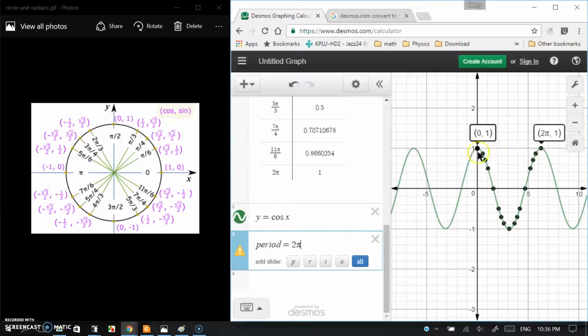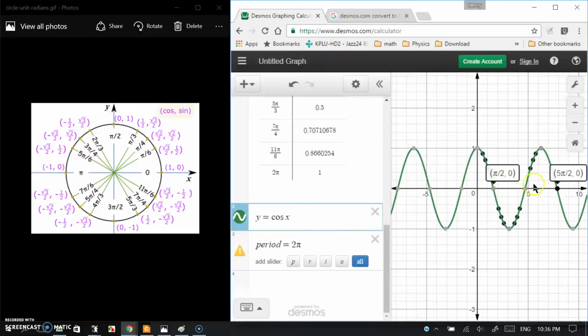Sometimes I don't always have to use this special point. I can use, say, this point right here. So this is going down, come back up, and then go up and going down again. If I look at these 2 points, pi over 2 and 5 pi over 2, the distance between them would also be 2 pi, right?